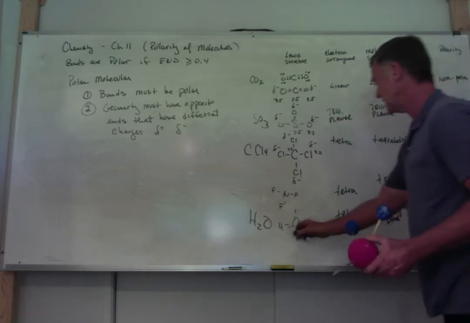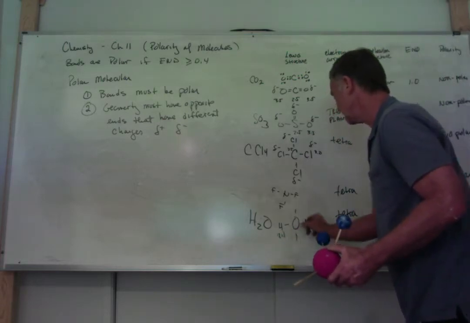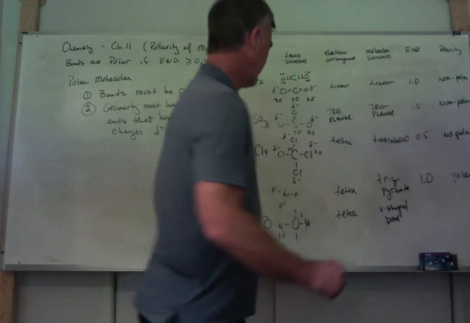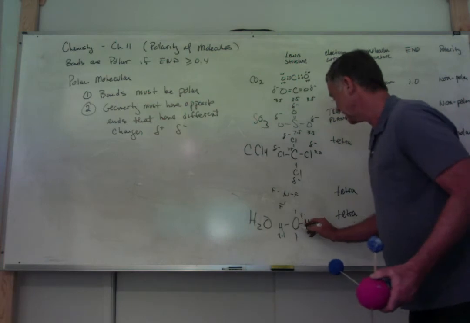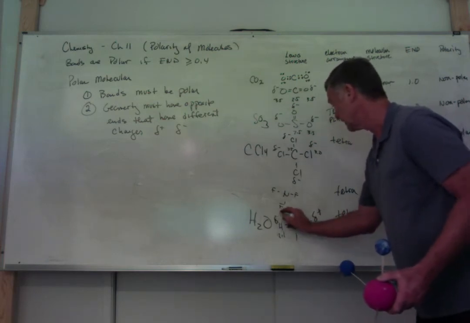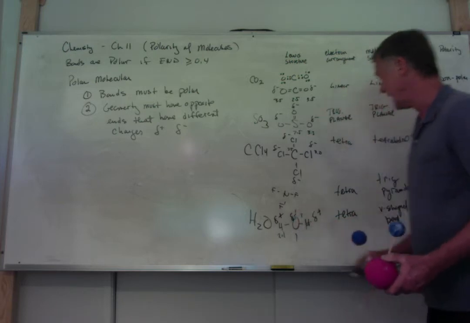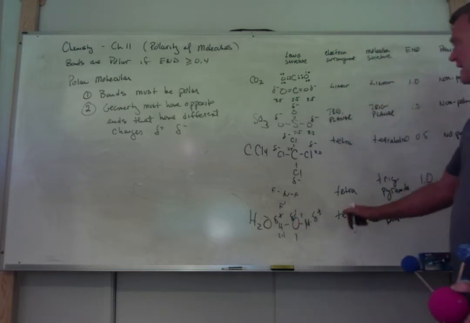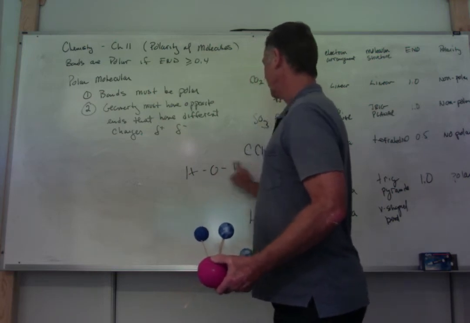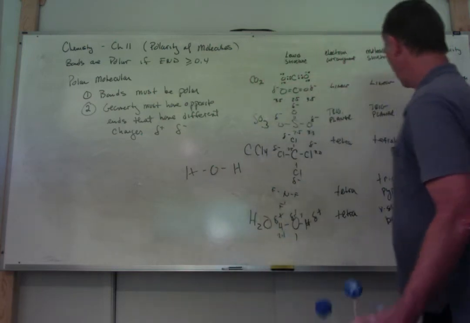And by the way, this is 2.1 and this is 3.5, I believe. And so this is very, very polar, partially positive, and this is partially negative. Now, the way it's drawn here, it looks like, oh, I have a positive end, this is nonpolar.